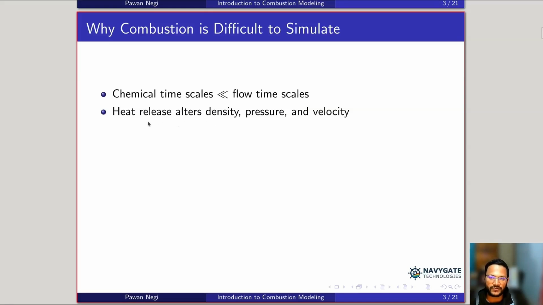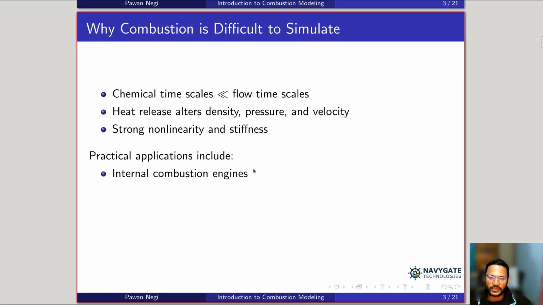Indirectly, the heat release from the species is going to alter the density, the pressure and velocity. Nonlinearity is already in the momentum equation, and on top of that we have more terms coming in from the chemistry point of view, and there is stiffness because of this very large difference in the time scales.